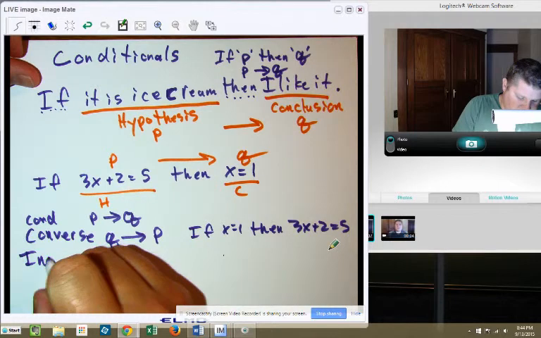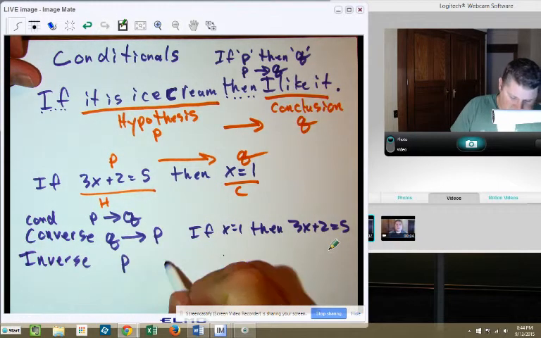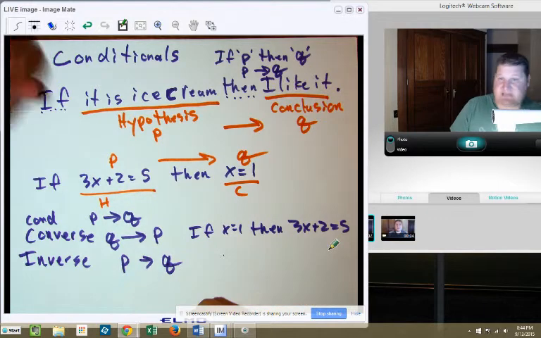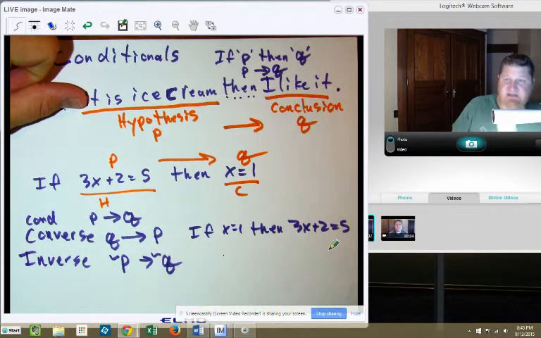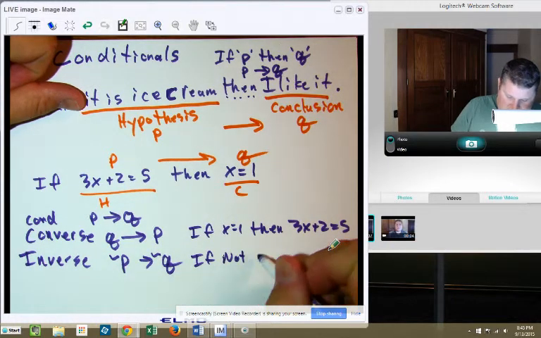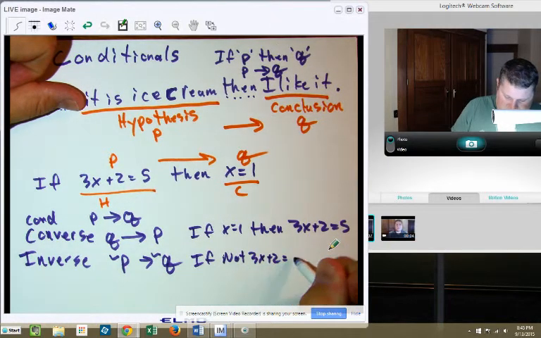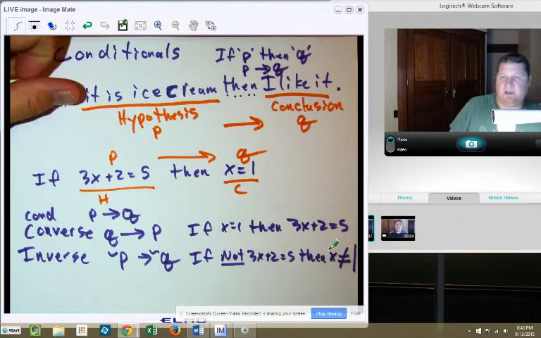The inverse is a little different. The inverse is where I take the P, I take the Q, they're still in the same order, P then Q, but you put negations in there, the nots. So you'd say if not 3x plus 2 equals 5, then x does not equal 1.